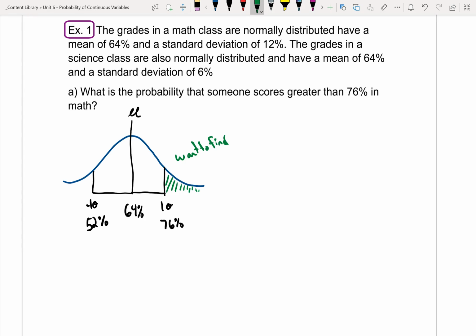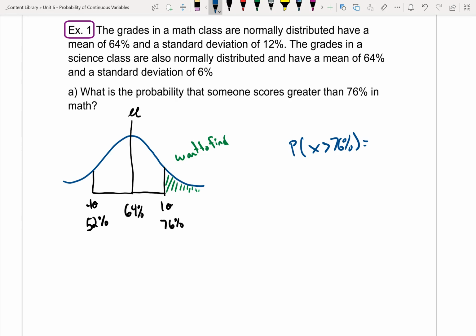Well, I can use a couple things to help me figure this out. If I'm trying to find the probability that x is greater than 76%, I'm trying to find the area underneath the curve.